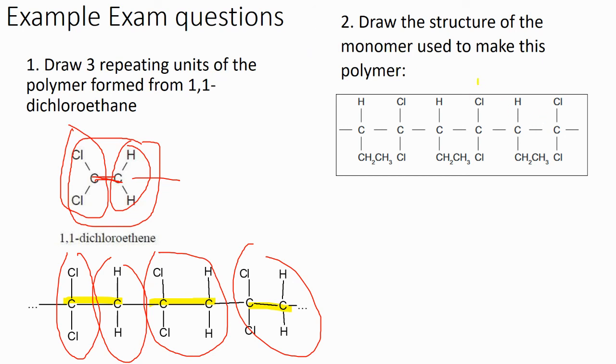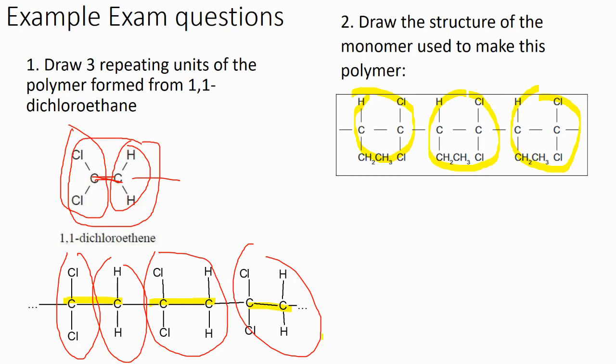Now, in this question, you're asked to draw the structure of the monomer used to make this polymer. You can see that it repeats 3 times. So we've actually got 3: 1, 2, 3. So there's going to be 2 carbons of the double bond. And then you can see this carbon's got a hydrogen and a C2H5 group. And this carbon's got 2 chlorines.